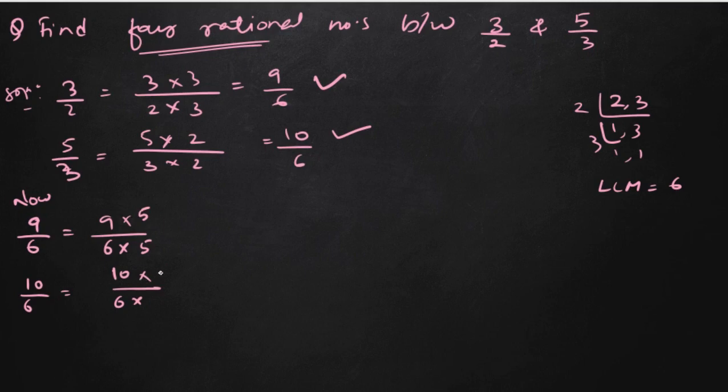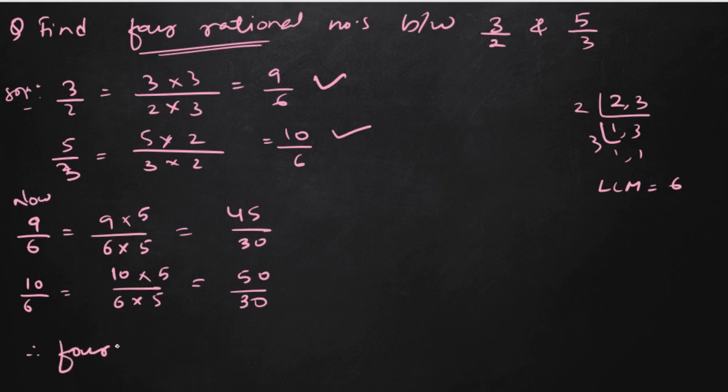If it is 3 rational numbers, then we have to multiply by 4. And if it is 2 rational numbers, we have to multiply by 3, like this. If you need to find 10 rational numbers, you have to multiply the numerator and denominator with 11. So 5 by 5. This will be 5 times 9 is 45, 6 times 5 is 30, and 10 times 5 is 50, divided by 30.